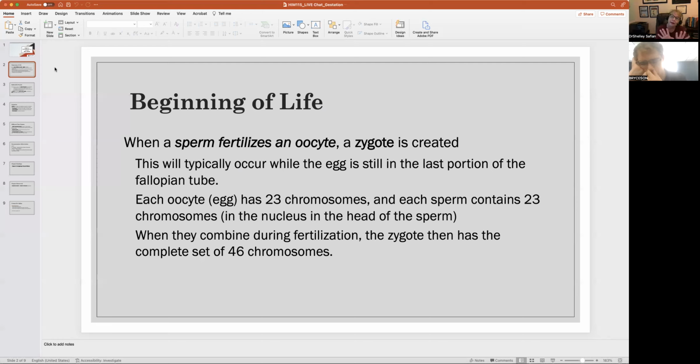They have a little picnic, they talk a little, maybe a walk on the beach, and then if they decide, they join together. Now, the oocyte has 23 chromosomes, and each sperm contains 23 chromosomes. And together, they make one complete zygote that then has a complete set of 46 chromosomes.